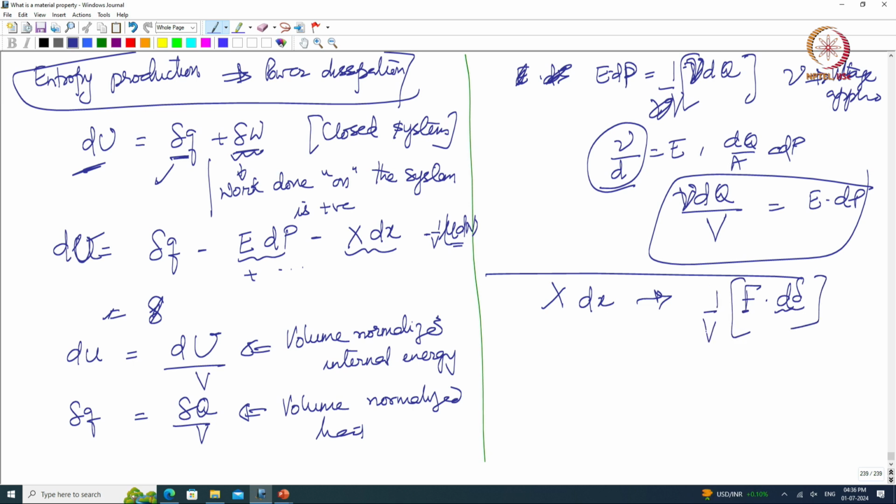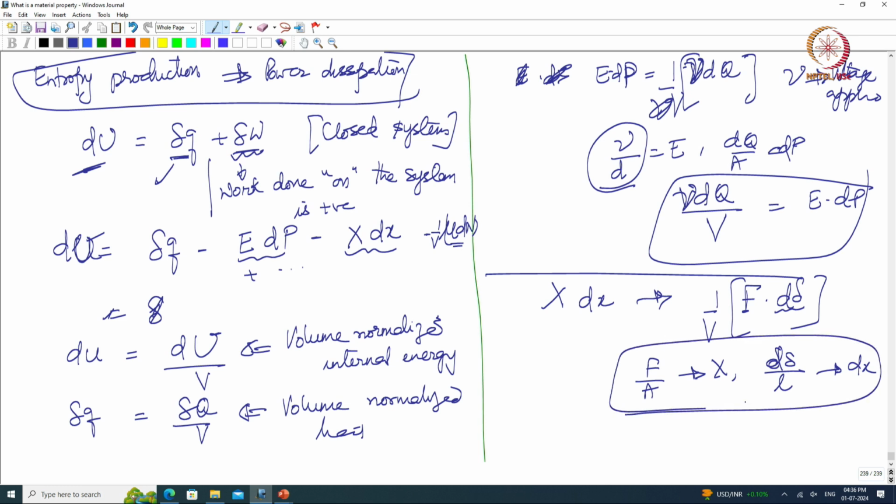Force by area gives me the stress, and d delta by just L gives me the strain. As a result, these two are one and the same, just volume normalized. In understanding what force is and what flux is, let us keep this at the back of our minds.